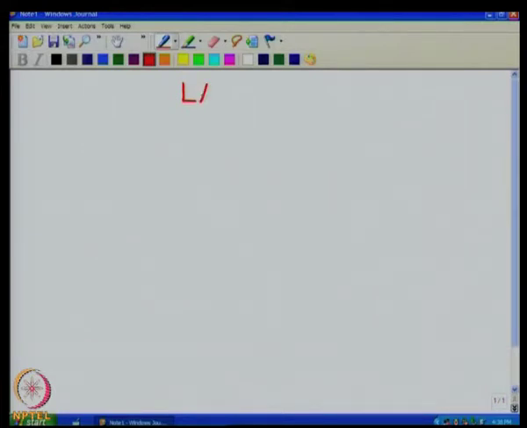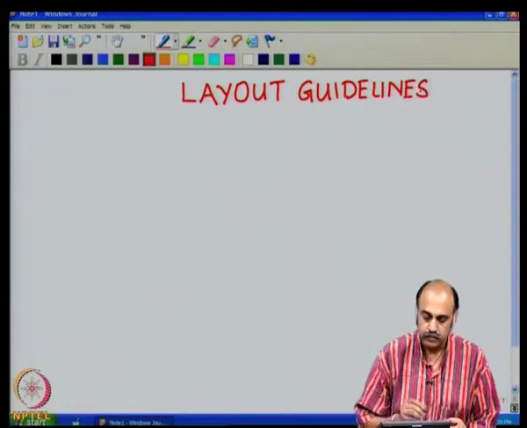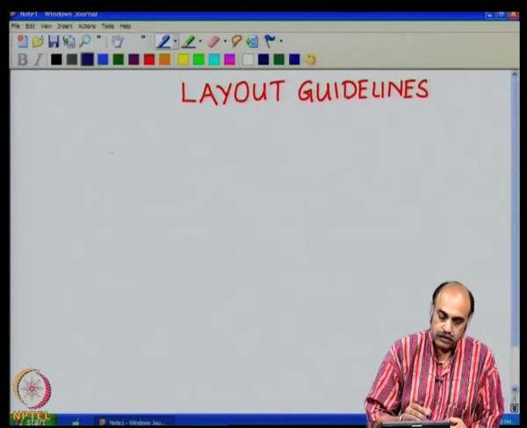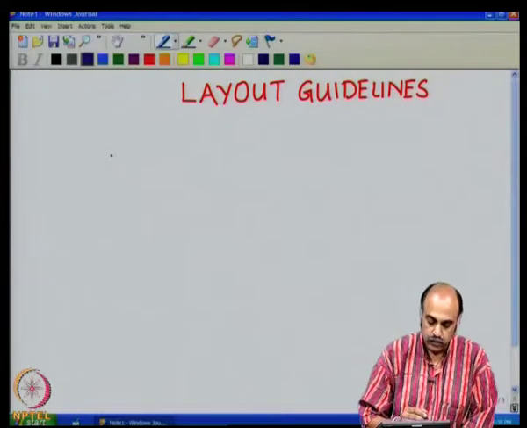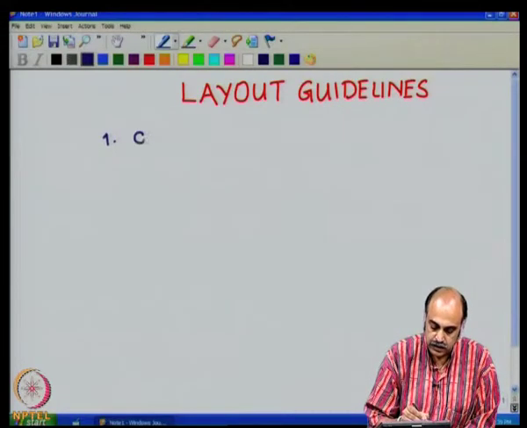To start with, let us discuss something about some layout guidelines. If you are making a printed wiring board, the first thing that you would do is have a circuit schematic.